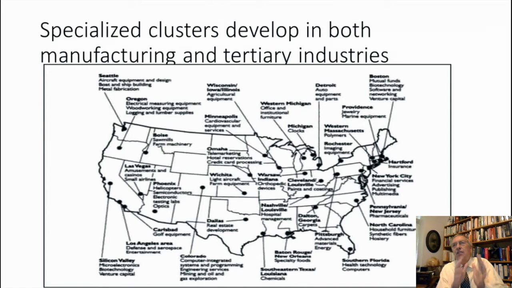And sometimes it happens because of raw materials, as happened with Pittsburgh and the iron ore and the coal and so on. But sometimes it can be an innovation or an idea. And an example is in upstate New York, Rochester. For whatever reason it gets started, not just Rochester, but neighboring cities, they get into optics and imaging.